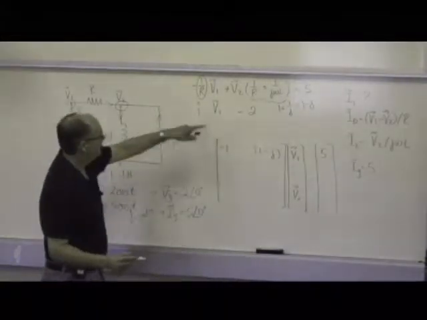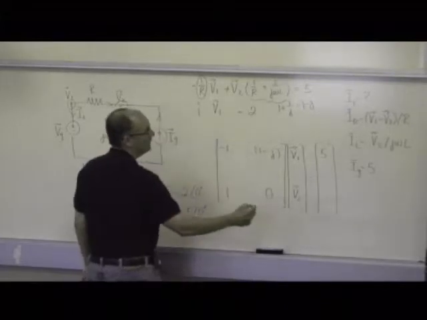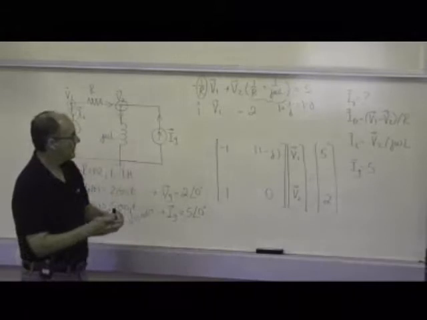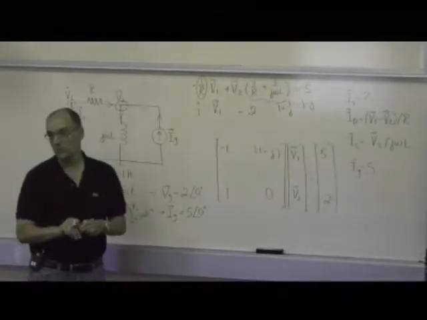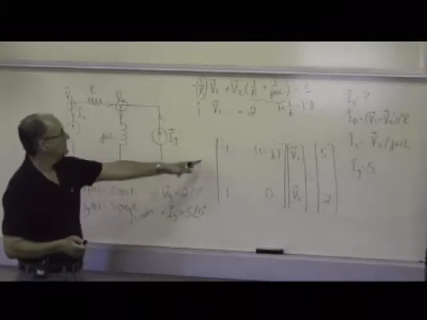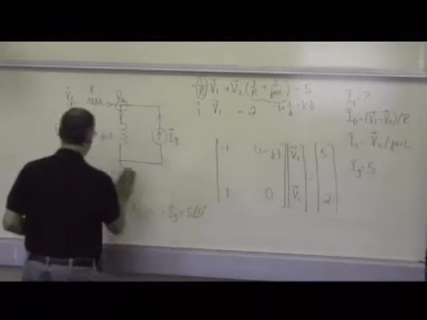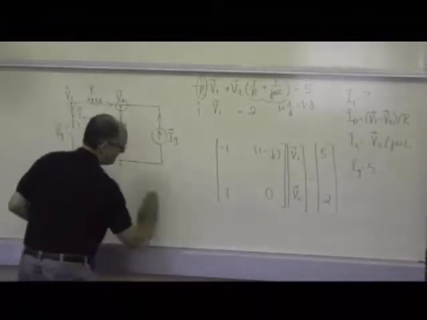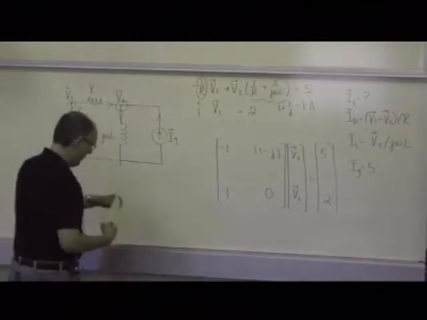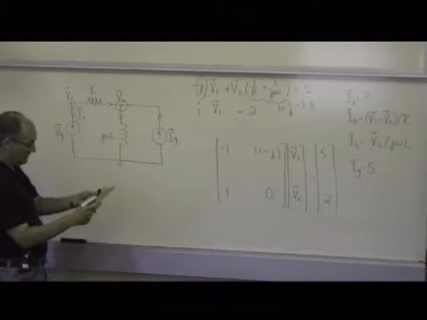The second equation, V1 times 1, nothing times V2, equals 2. And that's what you have to solve. Now at this point, you can plug this stuff into your calculator or MATLAB. Simply ask it to solve, and here's what you're going to get. This is what I need my notes for, because I don't know that off the top of my head.